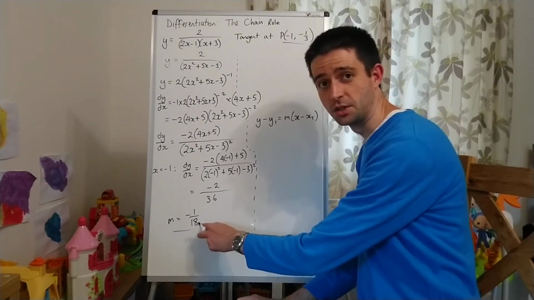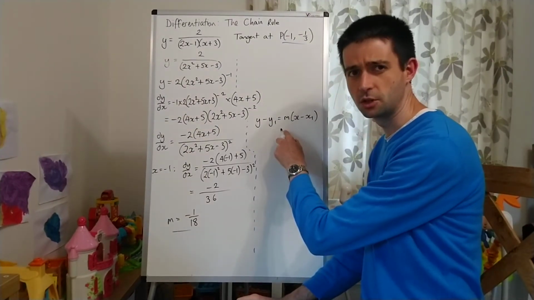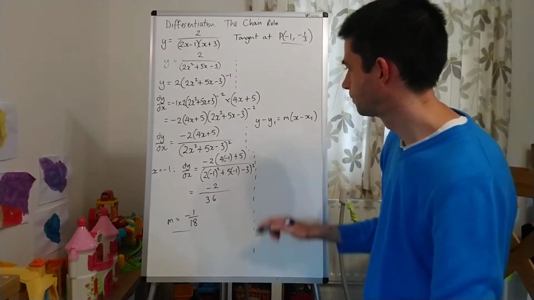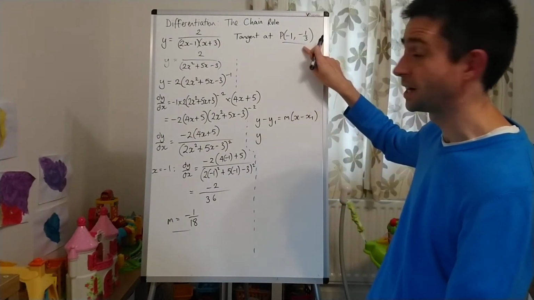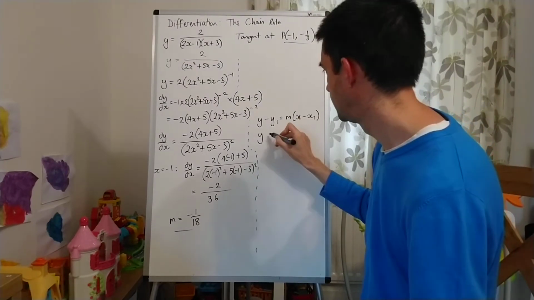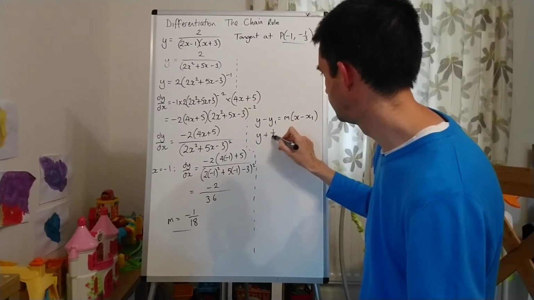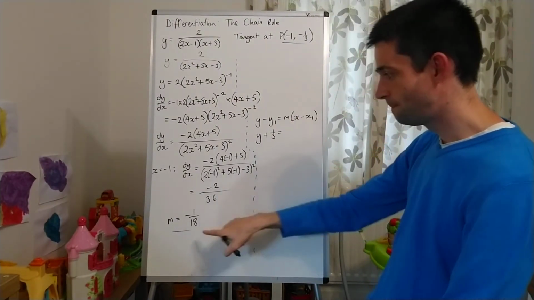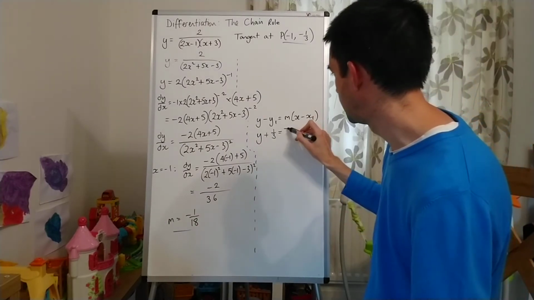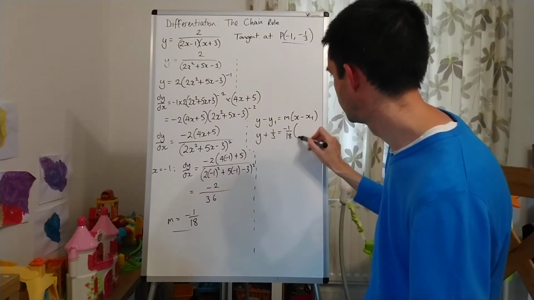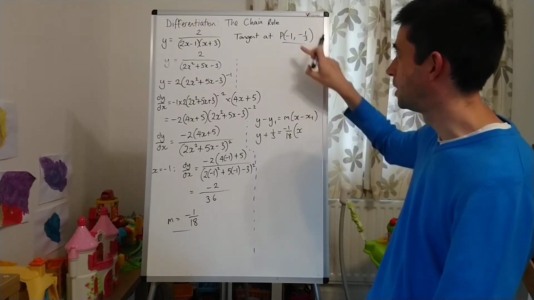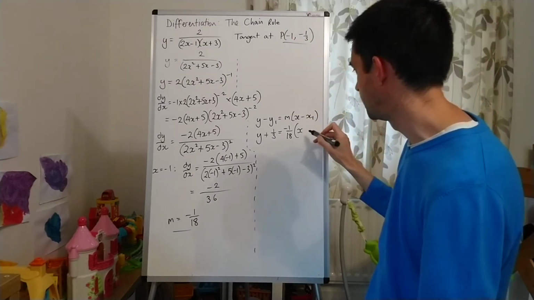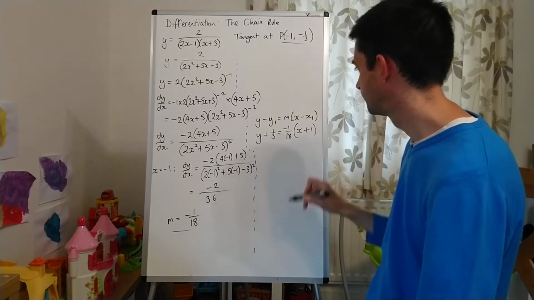We've got a fraction as the gradient, and this form makes that so much more straightforward. Right, so y take away y1. Subtracting negative 1/3 is going to be plus 1/3. It's going to equal m, which is our gradient, negative 1 over 18, multiplied by, in the bracket, x minus x1. Subtract negative 1, you're going to have plus 1 here.